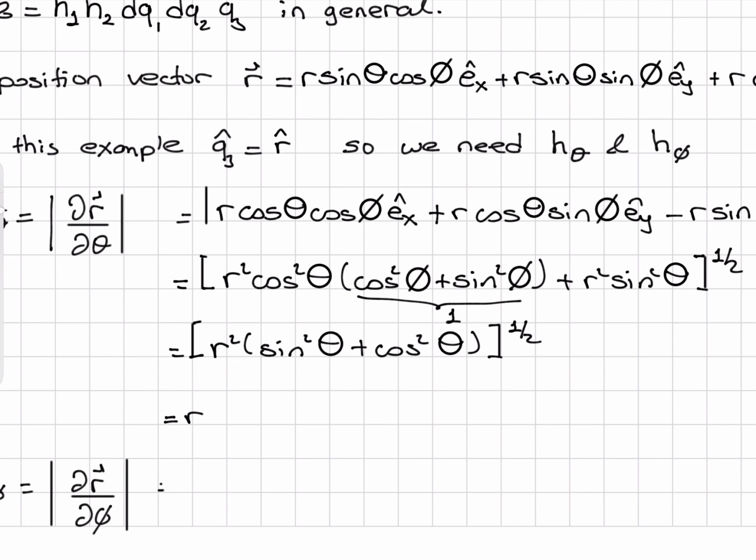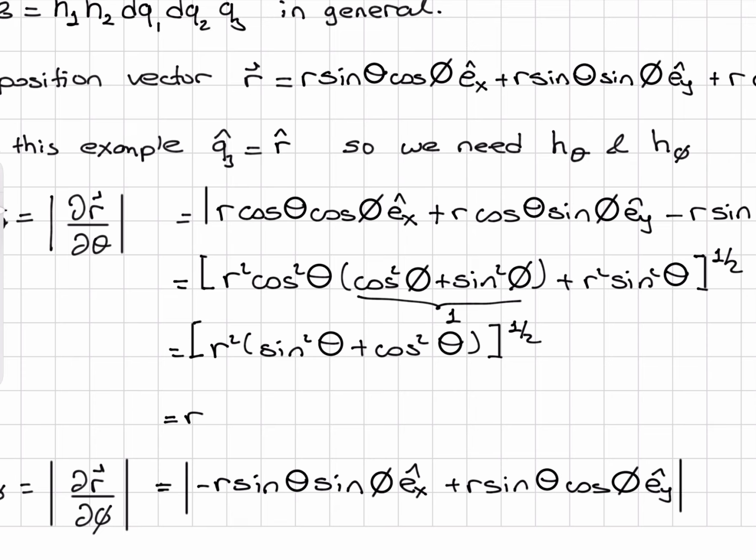So we take the magnitude of this vector: minus r sine theta sine phi in the e_x hat direction, plus r sine theta cosine phi in the e_y hat direction.